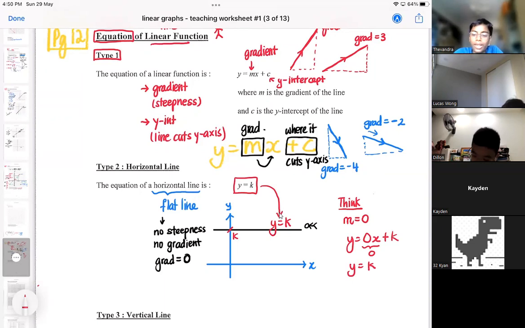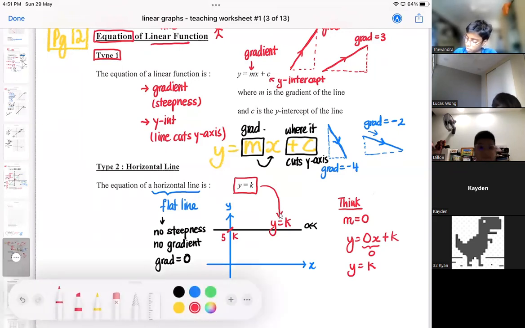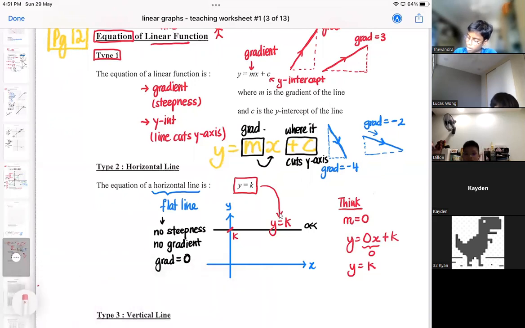So what is k? k is the number that cuts the y-axis. For example, maybe it cuts at 5. Now I just put it in a general case. I don't know where it cuts.